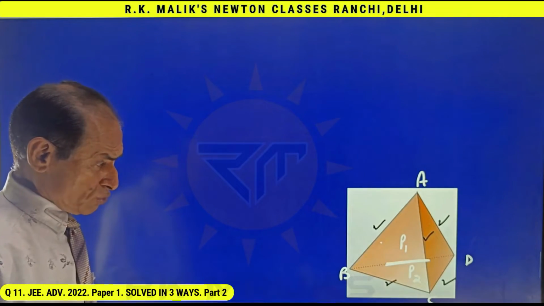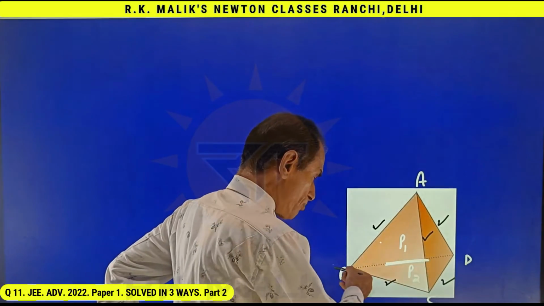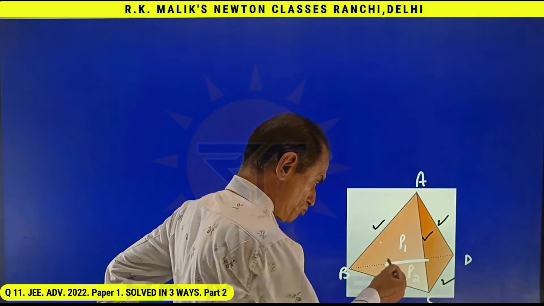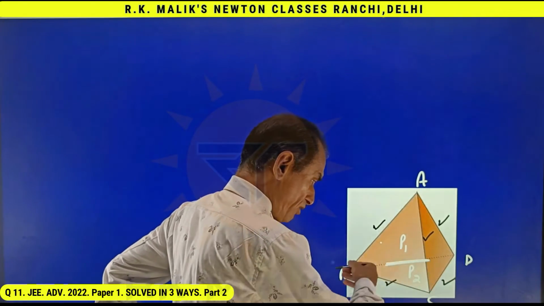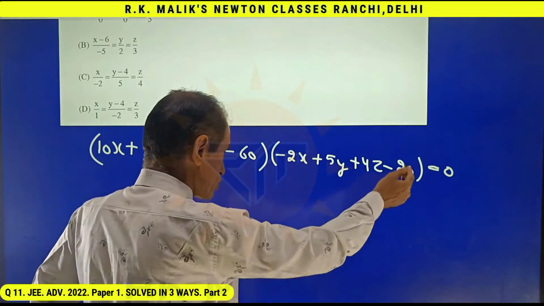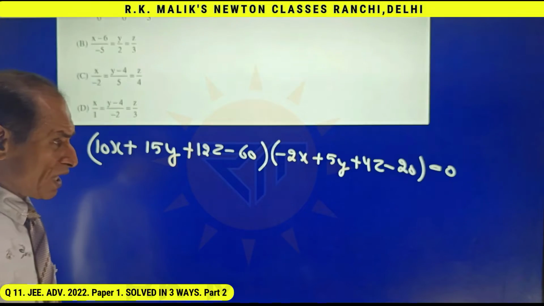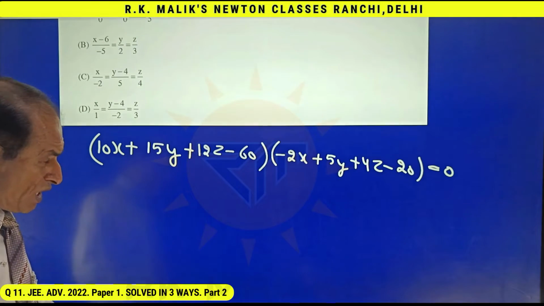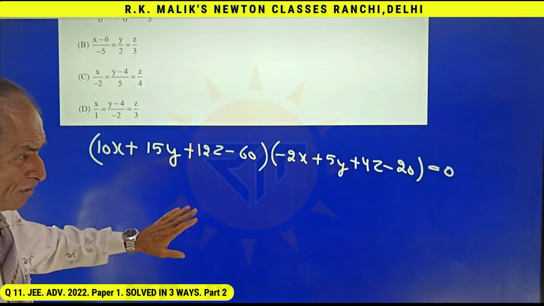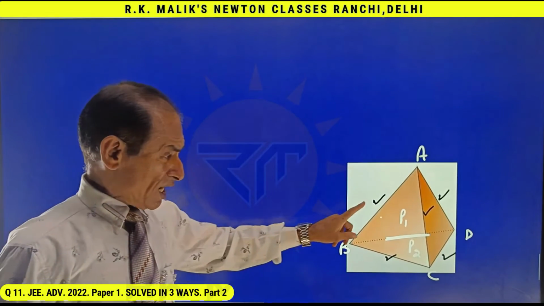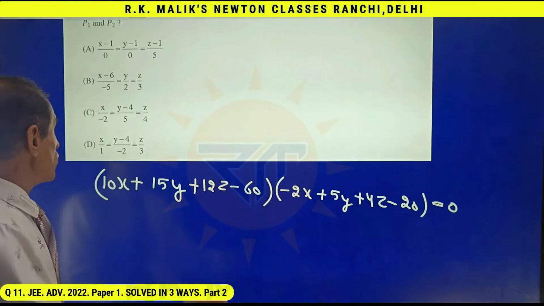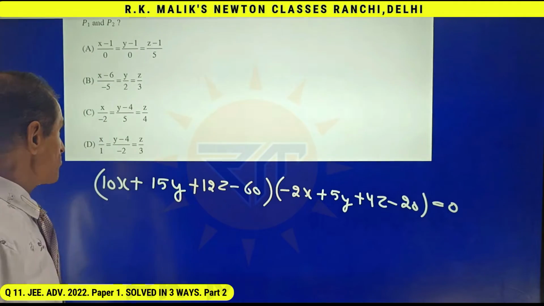And just for knowledge, every point of the line BD, because that lies on both planes P1 and P2, this will also be 0, this will also be 0, 0 into 0 is 0. Therefore, every point of the line BD will also satisfy this equation. That is, this equation represents the set of all those points which lie on the plane P1 or on the plane P2.